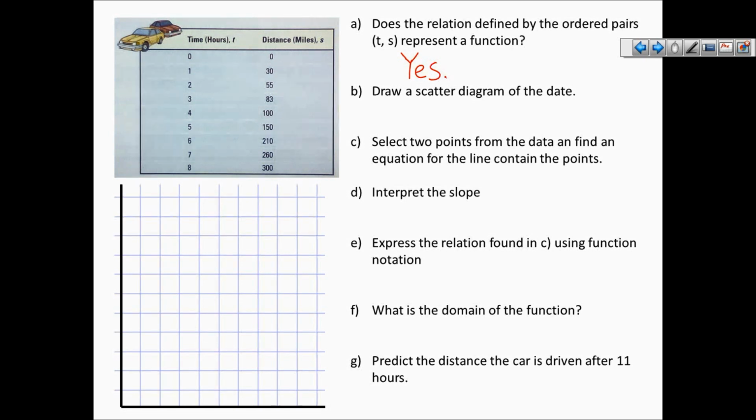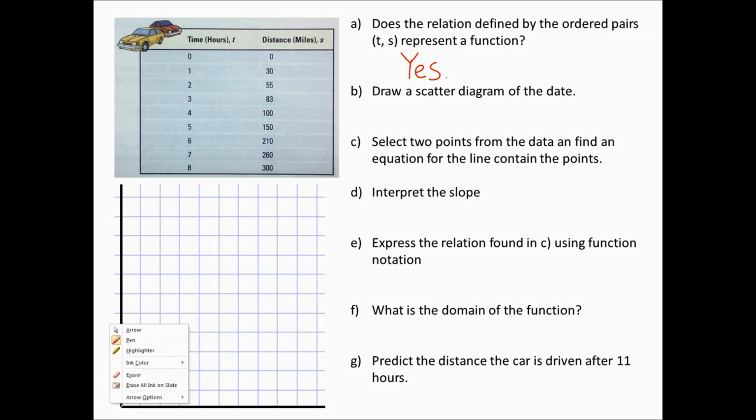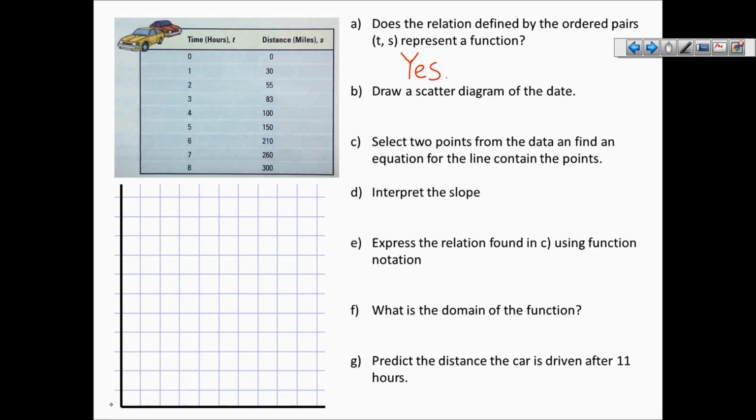They want us to draw a scatter diagram of the data. So I've put up a grid here. We're basically just going to plot these points. So we'll include the point 0, 0. We'll include the point 1, comma 30. Now, what do I need to go up by in order to make all of this fit?